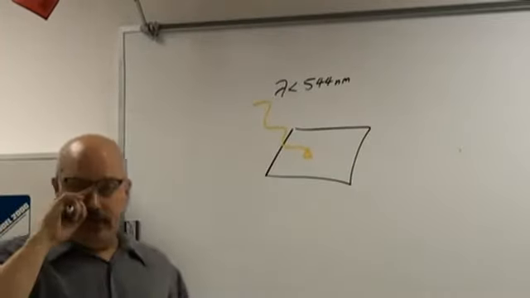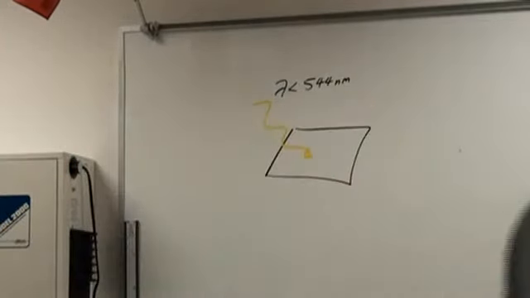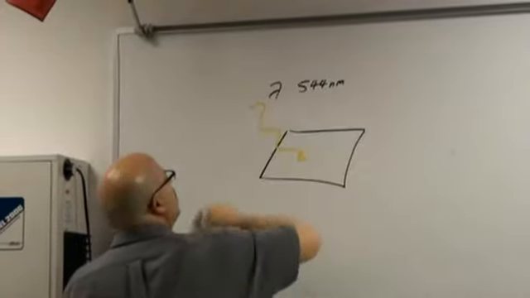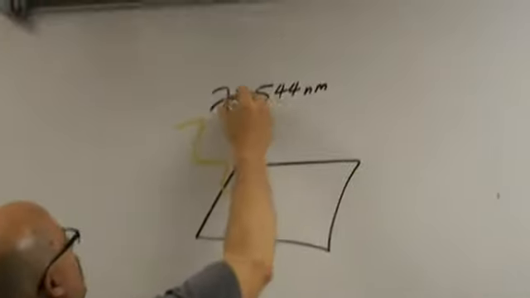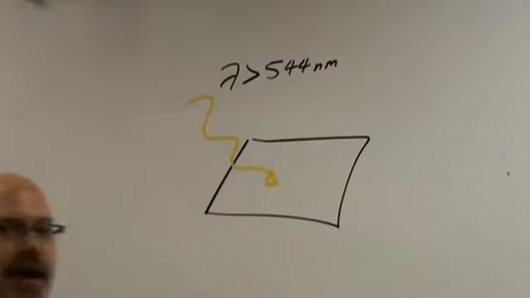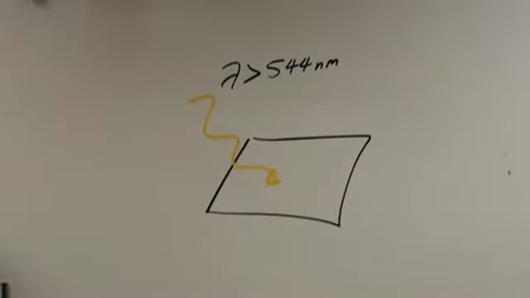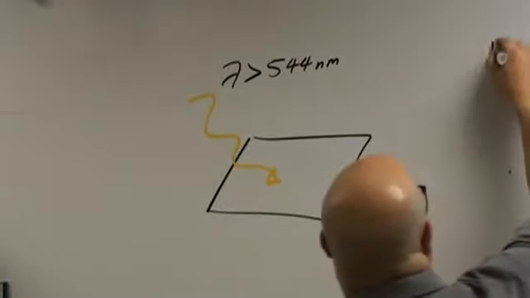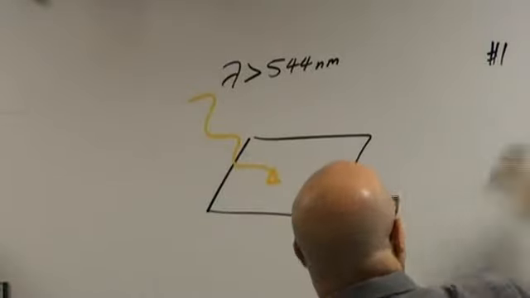So this surface is insensitive to any wavelength. I shouldn't say less than. I should say greater than. Anything greater than that, no photoelectrons pop off, okay? So, here's my question. What's the work function of this? Question number one, what's the work function?